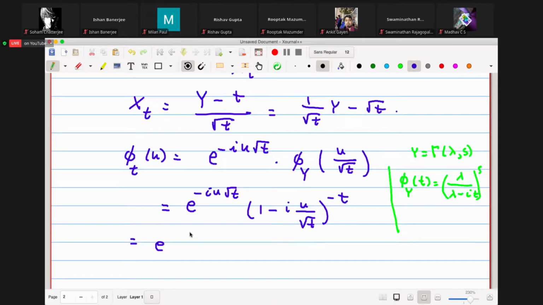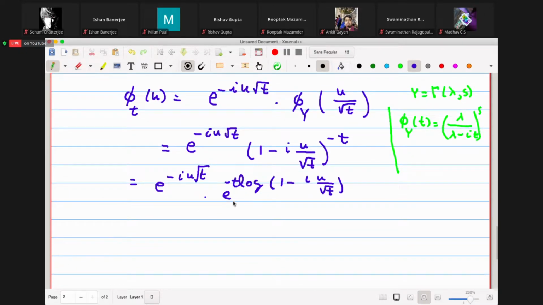So this is e power minus i u square root of t times this, you write it. So exponential, log: e power log 1 minus i u by square root of t, power minus t. So that becomes minus t here.